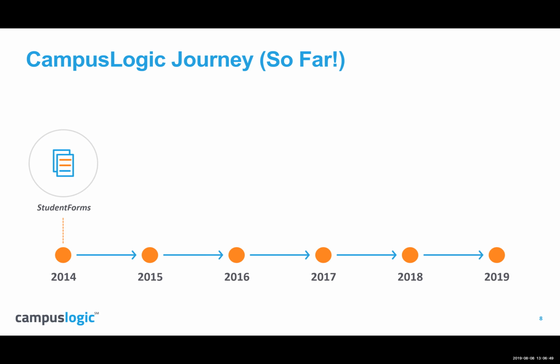So in 2014, we launched our Student Forms product to eliminate the paper in the office, to reduce the amount of follow-up that was going on, and ensure that student information was being collected completely and accurately the first time through the process. And then in 2015, we attempted to solve the confusion that many students and parents had around award letters, with the idea being that if we could provide them a richer, clearer multimedia experience, we could reduce the amount of confusion and ultimately the amount of support that the aid office had to provide to students and parents.